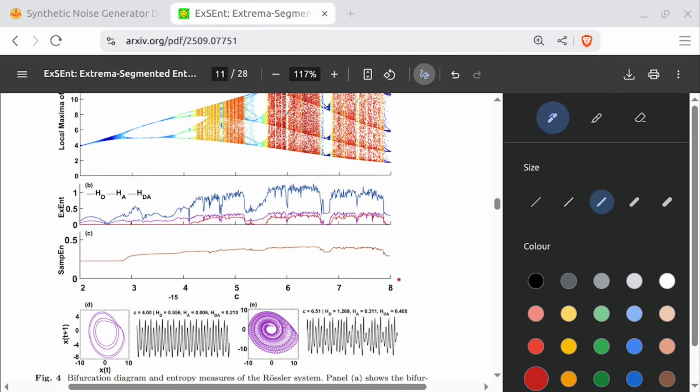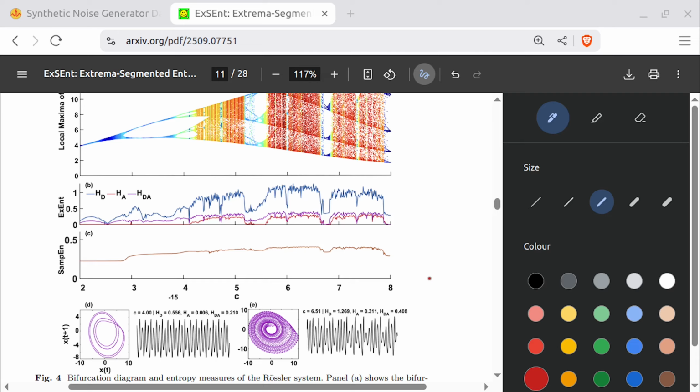Regarding HD, HA, and HDA, HD stands for duration-based entropy. This measures the predictability of how long the system stays in a certain state, or how long a particular event lasts before something else happens. HA is the net amplitude entropy. This tells us about the variation or spread in the size of the system's output. A higher HA means more unpredictable changes in amplitude.